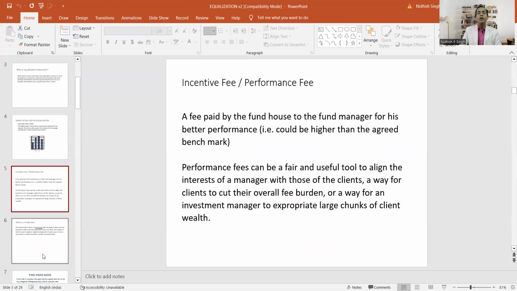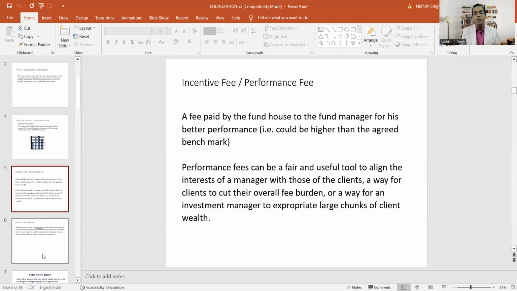Incentive fee and performance fee. This is the incentive to the investment manager for exceeding the performance benchmark set by the investor. So, for example, let's say the investor expects the fund to achieve at least 5% annual growth, and if the investment manager exceeds that, the investment manager will receive a performance fee.